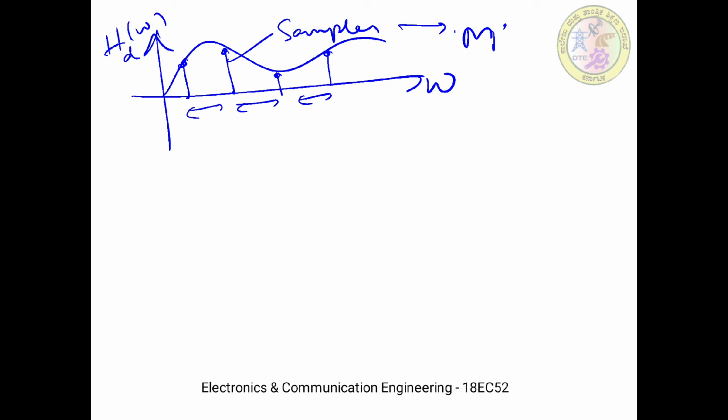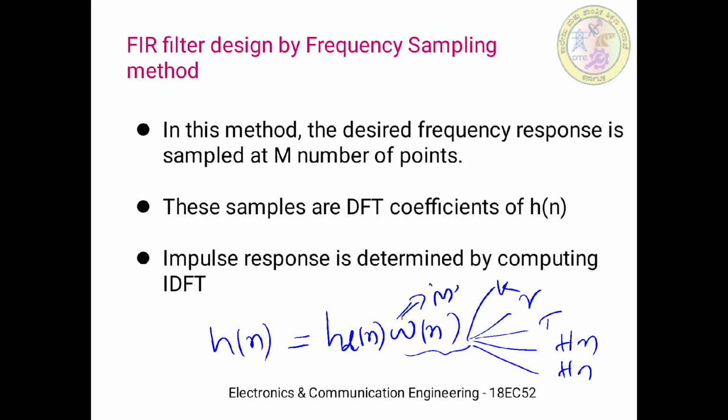So out of Hd(omega), I am going to choose some M number of samples. That's why it is called the frequency sampling method. In this method, the desired frequency response is sampled at M number of points.